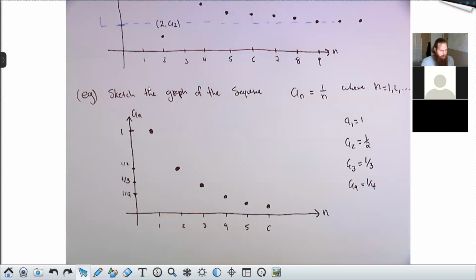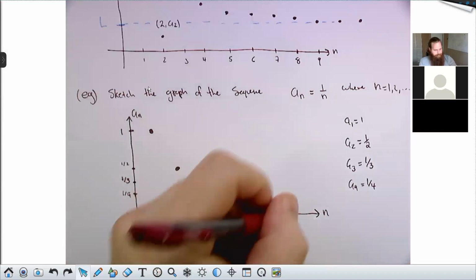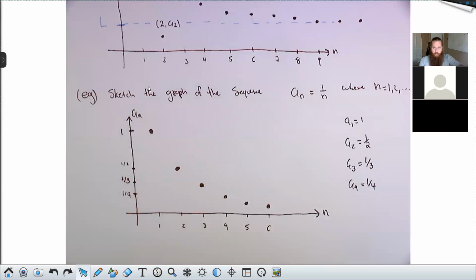Here you may notice that these dots are all kind of getting closer and closer to something. As we go further and further to the right, these dots are all getting closer and closer and closer to the horizontal axis.